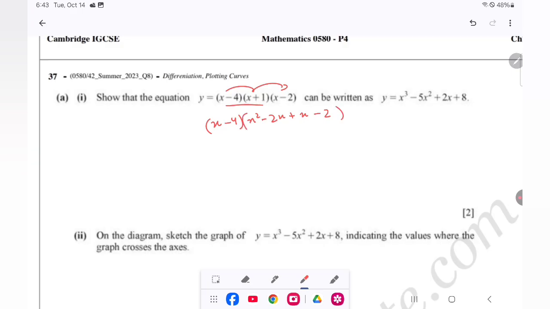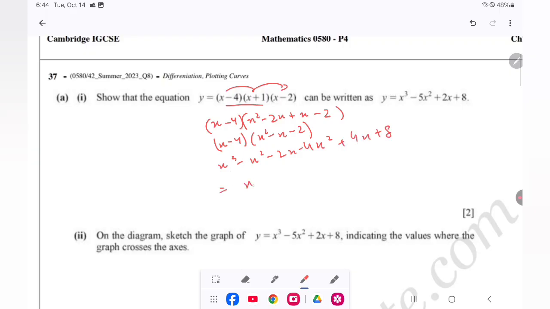Now multiply with the first bracket, x minus 4 times x square minus x minus 2, which gives x cube minus x square minus 2x minus 4x square plus 4x plus 8.